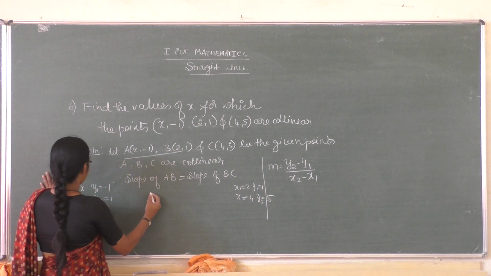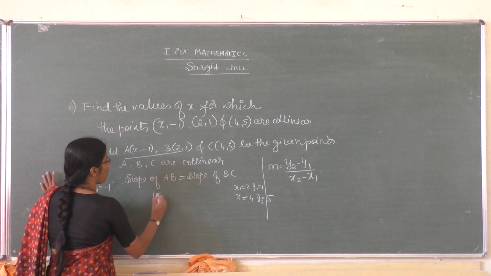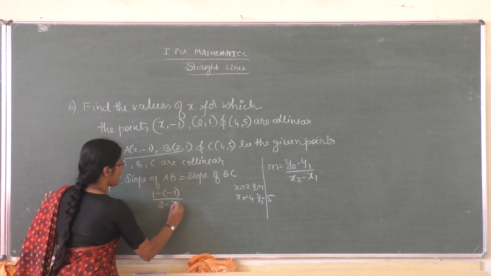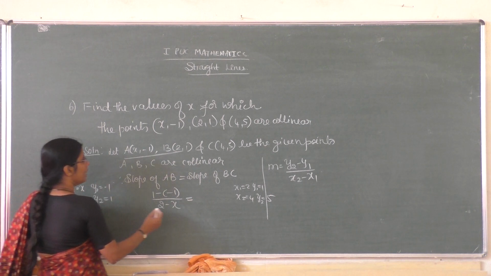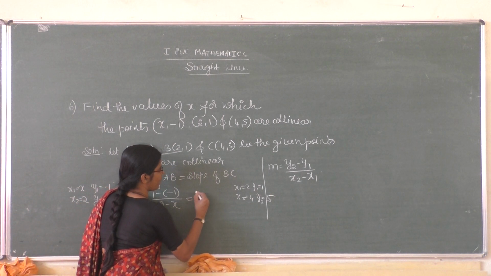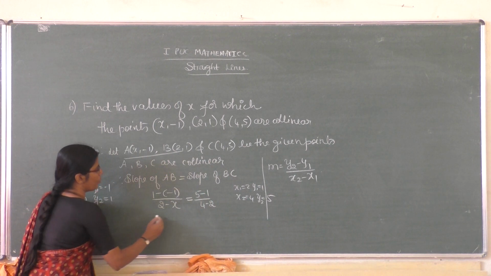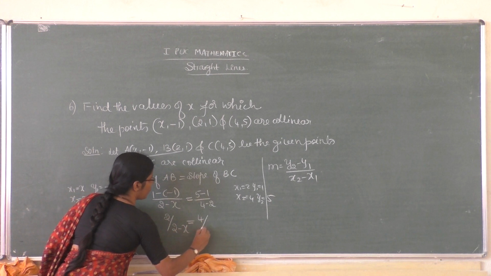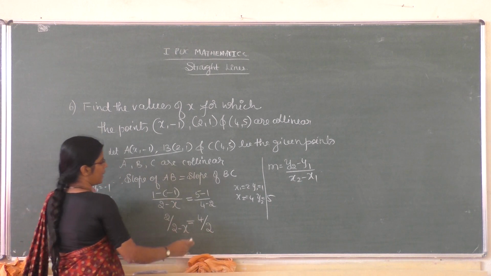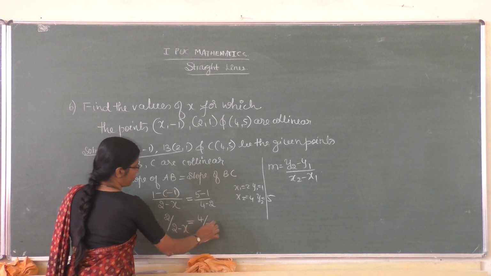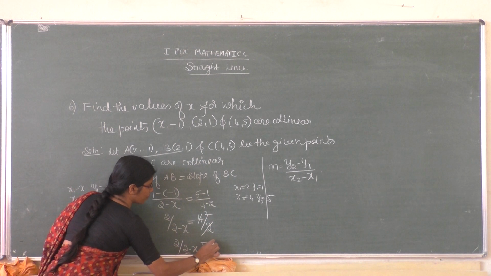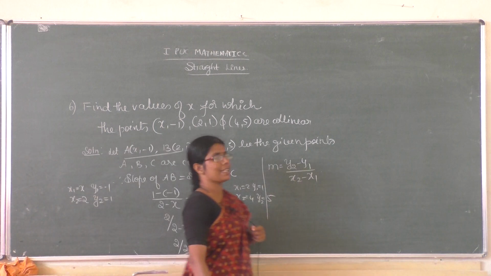So here y2 minus y1, 1 minus minus 1, divided by 2 minus x, is equal to y2 minus y1, 5 minus 1, divided by 4 minus 2. So 1 plus 1 is 2, 2 by 2 minus x is equal to 4 by 2. 5 minus 1 is 4, 4 minus 2 is 2, so we are getting 2 by 2 minus x is equal to 2.